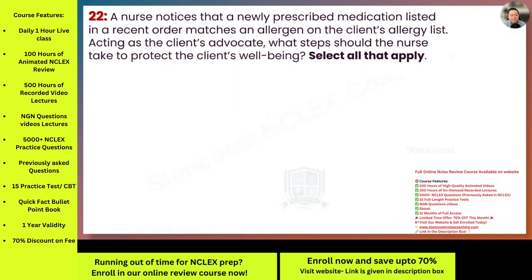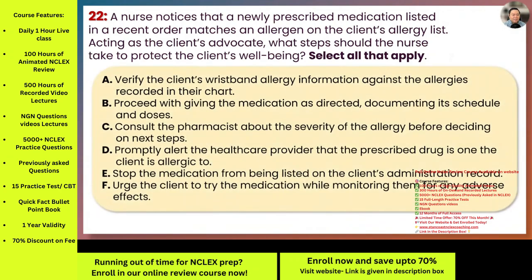22. A nurse notices that a newly prescribed medication listed in a recent order matches an allergen on the client's allergy list. Acting as the client's advocate, what steps should the nurse take to protect the client's well-being? Select all that apply. Options. A. Verify the client's wristband allergy information against the allergies recorded in their chart. B. Proceed with giving the medication as directed, documenting its schedule and doses.